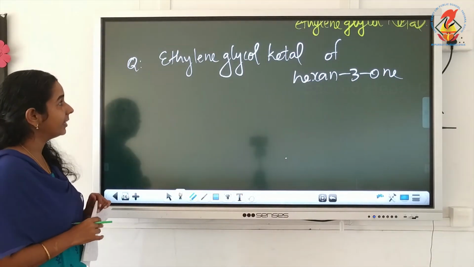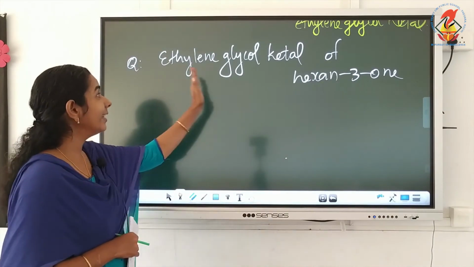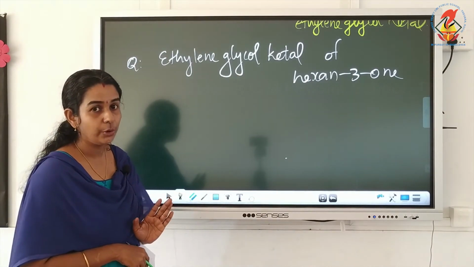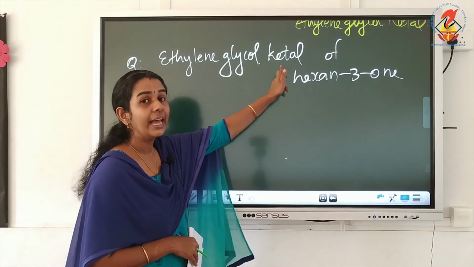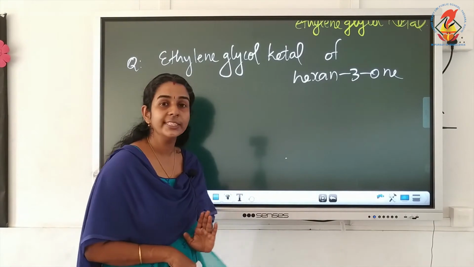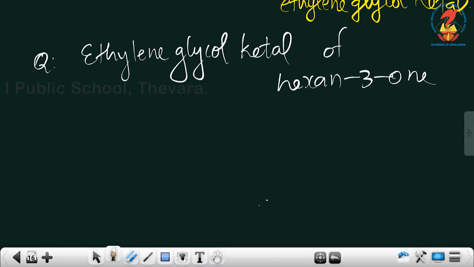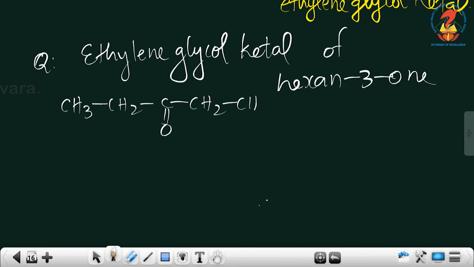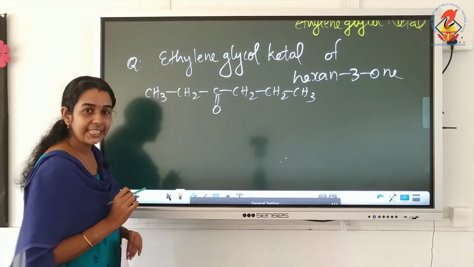Okay, this is the question. So from the question, how can we identify what to do? Ethylene glycol ketal we have to draw. That means ethylene glycol will be reacting with a ketone, and the ketone is hexane-3-one. What is the structure of hexane-3-one? CH3, CH2. Isn't it? At the third position there is a keto group.